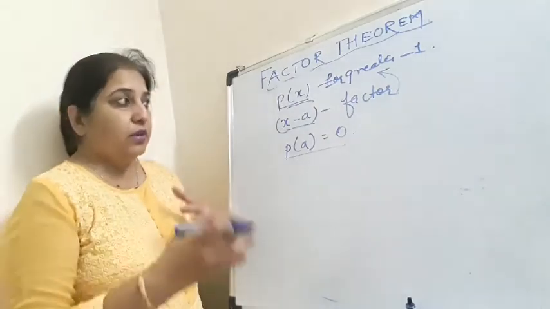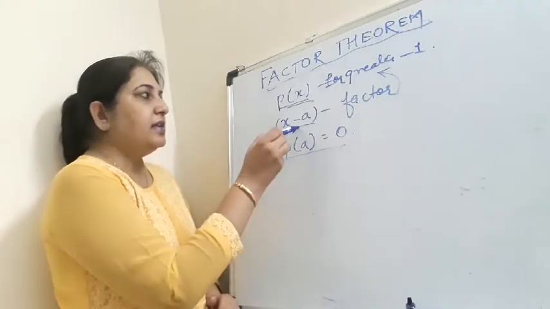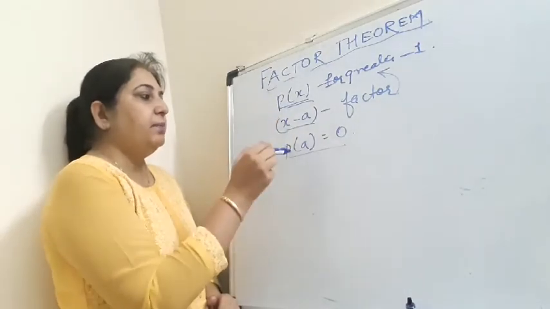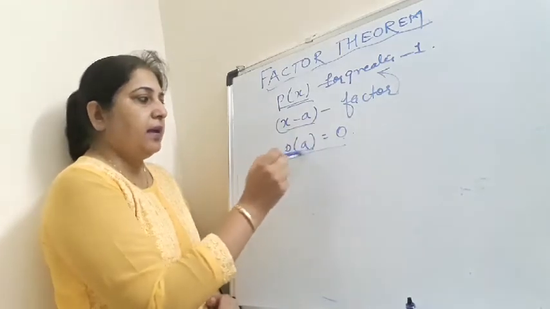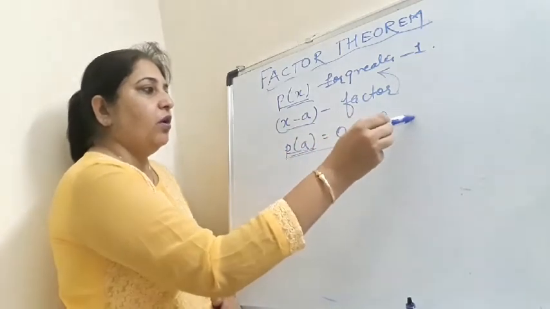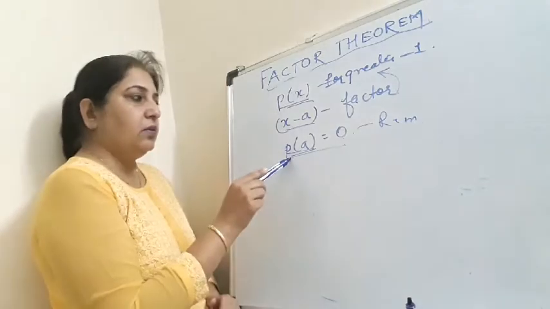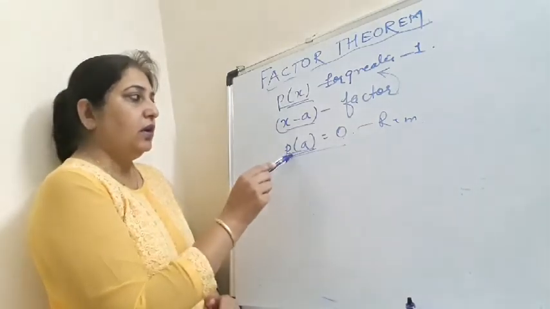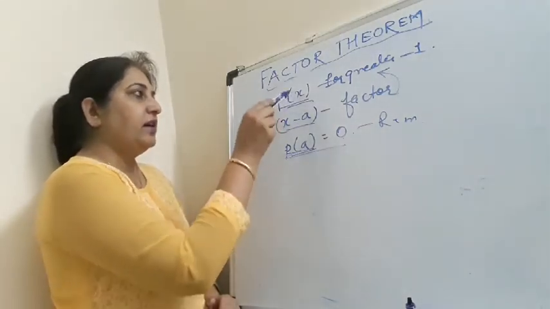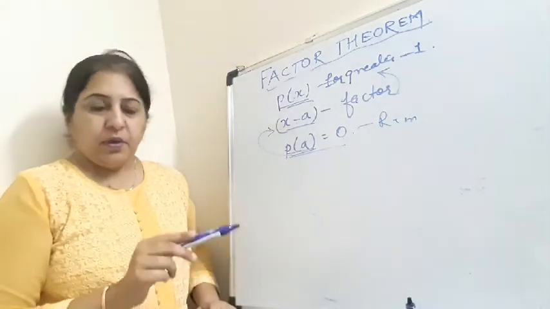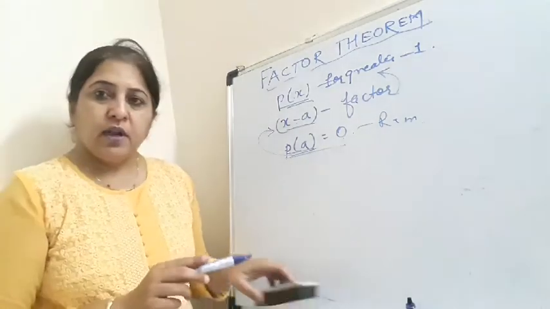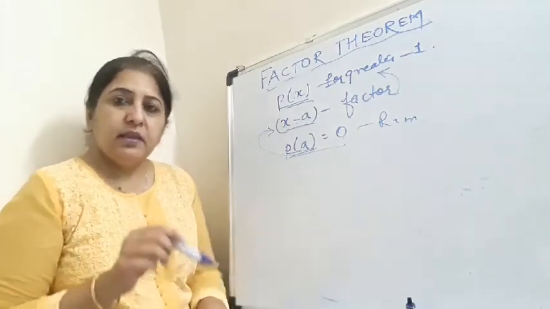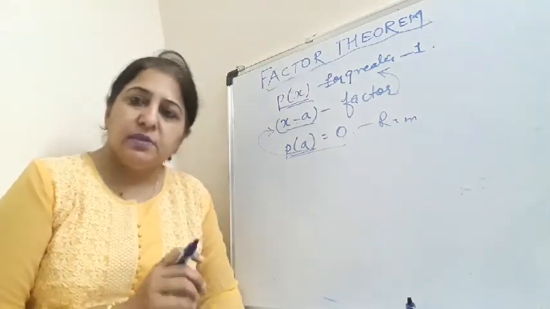So we can say in both ways that if x minus a is a factor of p(x), then p(a) will be 0. And what is p(a)? p(a) is the remainder. Or we can say that if p(a) is equal to 0, or the remainder is 0, then x minus a is a factor of the given polynomial. Now in the remainder theorem, it is not necessary that the remainder will always be 0.